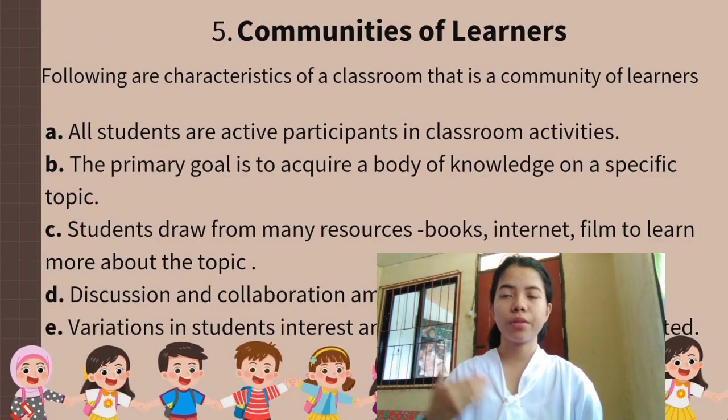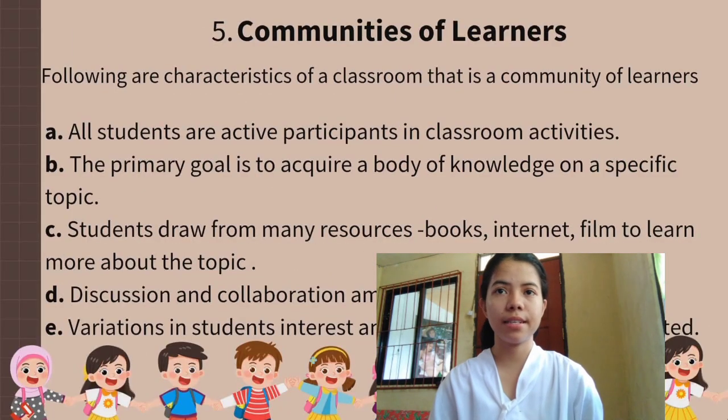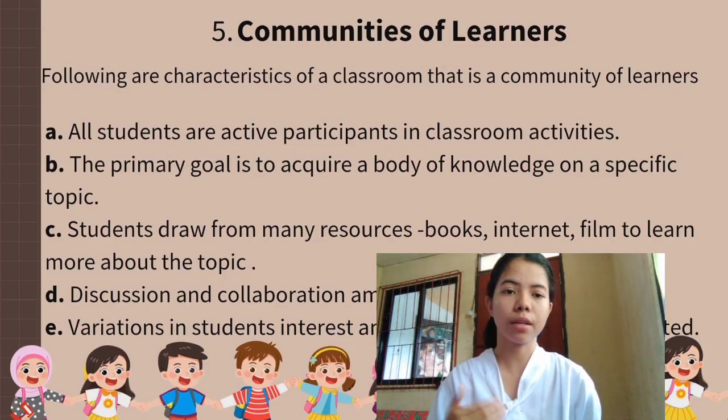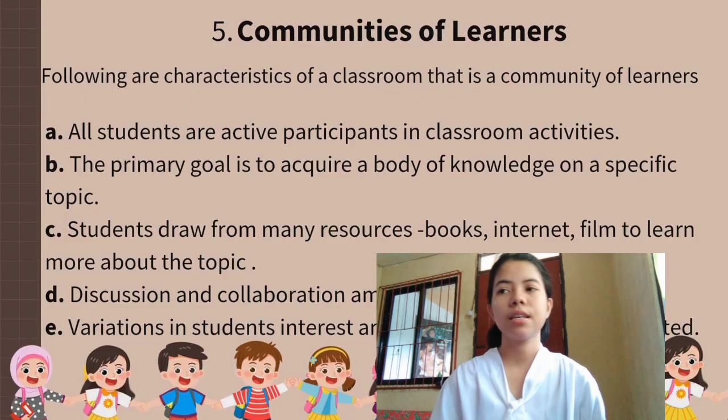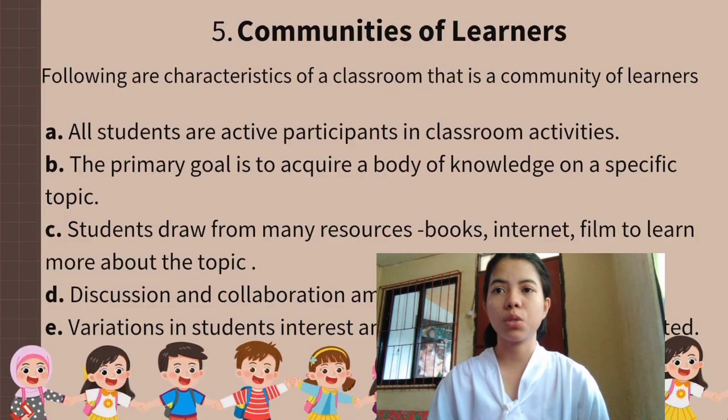So, there are characteristics of a classroom that is a community of learners. First, all students are active participants in classroom activities. The primary goal is to acquire a body of knowledge on a specific topic.